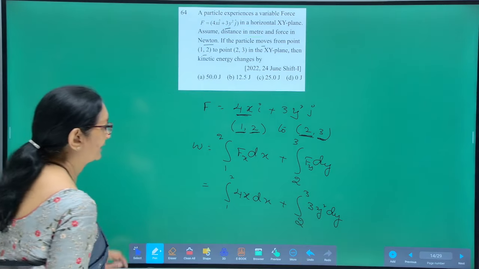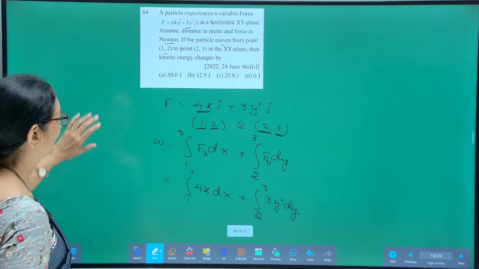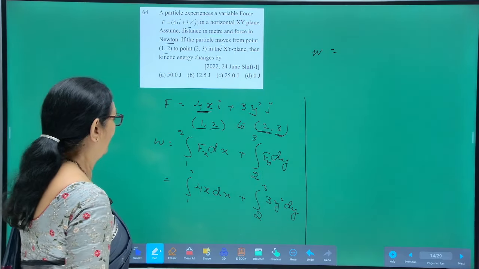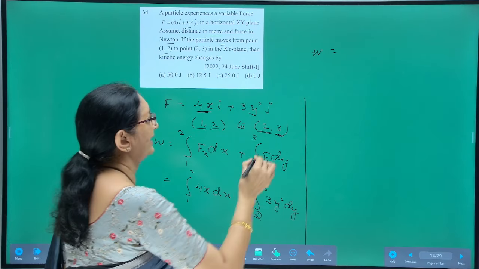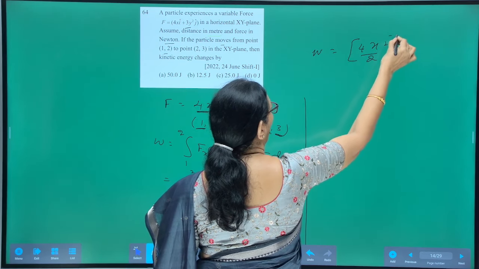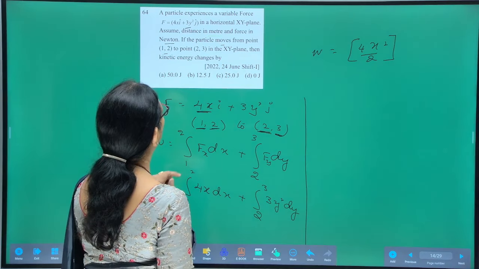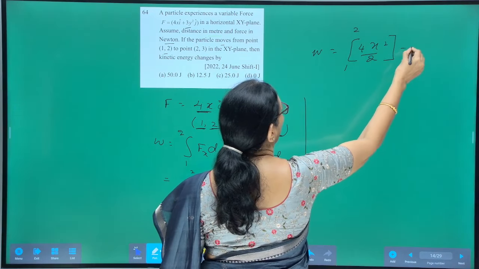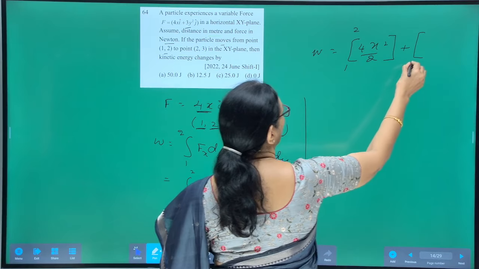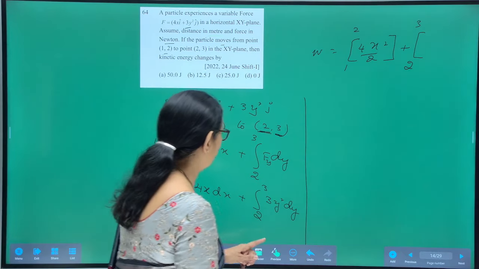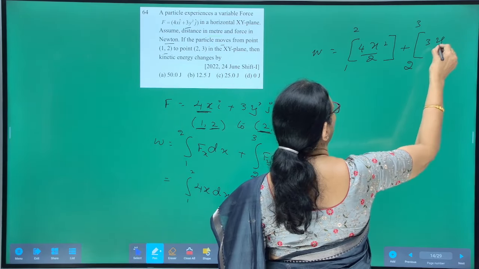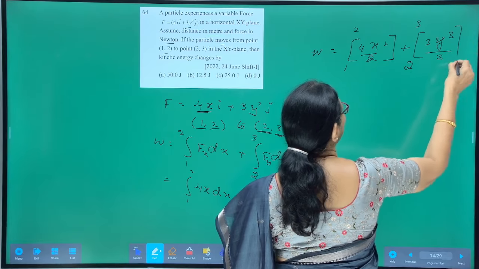Okay. So, here work done becomes W equal to 4 integral x dx, which is x square by 2, with limits of x from 1 to 2, plus limits of y from 2 to 3. Fy is 3y square, so its integral is y cube by 3.